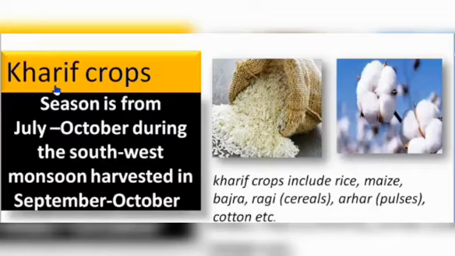In well irrigated areas of Assam, West Bengal and Odisha, 3 crops of paddy are grown in a year, named Aus, second one is Aman, and third one is Boro. So these 3 crops of paddy are grown in a particular year.